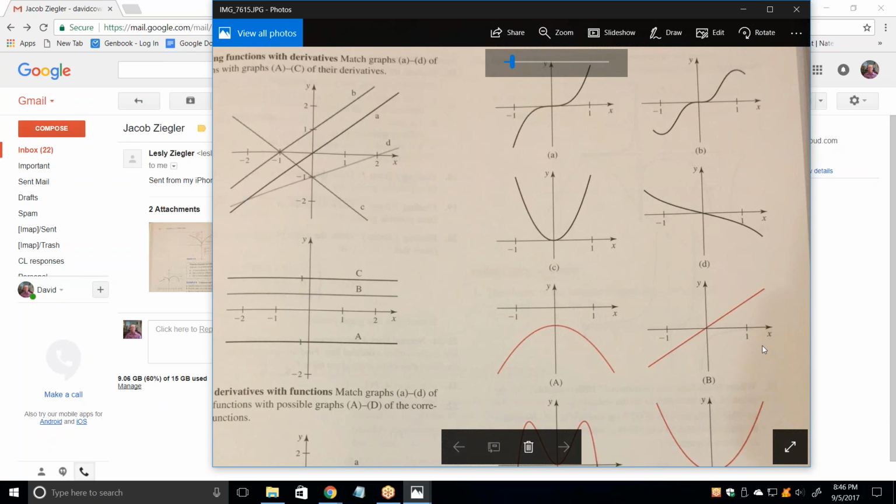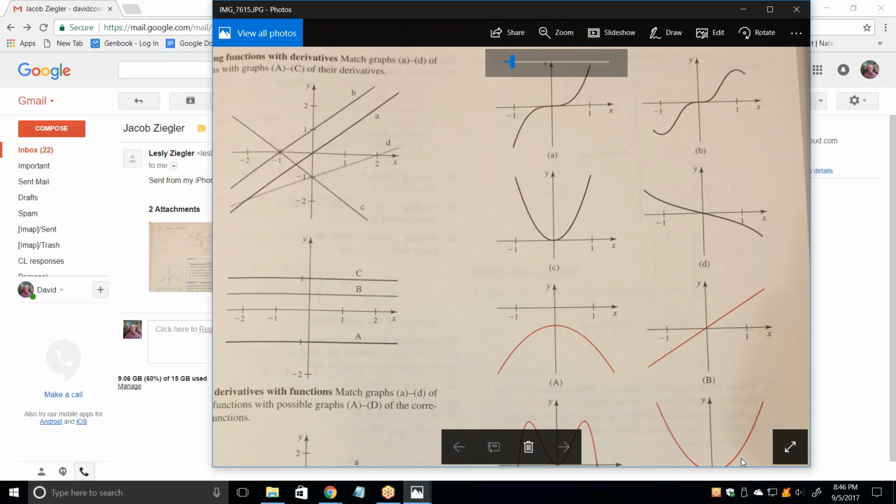Now, this top little a, what kind of function is that? Is that linear, quadratic, cubic, quartic? Would it be a cubic? So what's its derivative going to be? So it'd have to be a parabola. Okay, so it's either capital A or capital D.